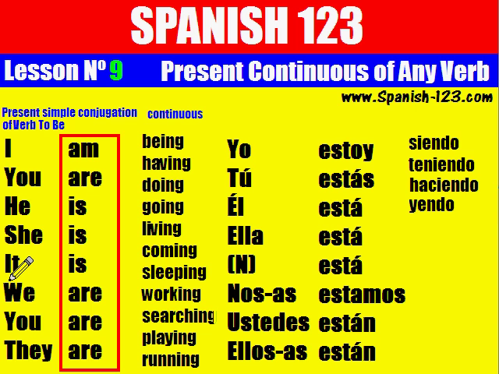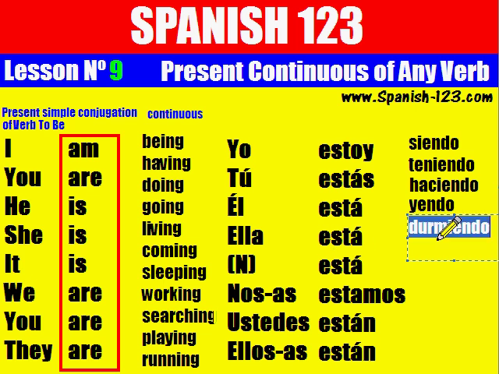For example, if my dog is sleeping, está durmiendo. Verb dormir. To sleep is dormir. That is the verb. The continuous is durmiendo. Dormir is durmiendo.